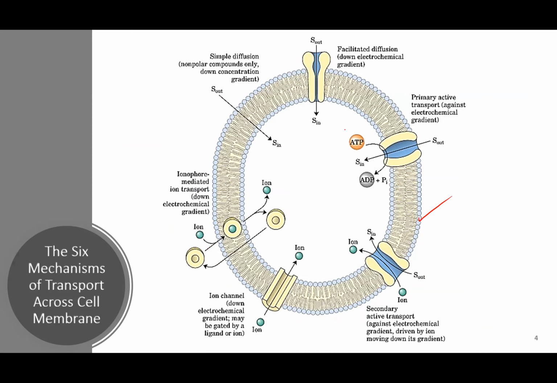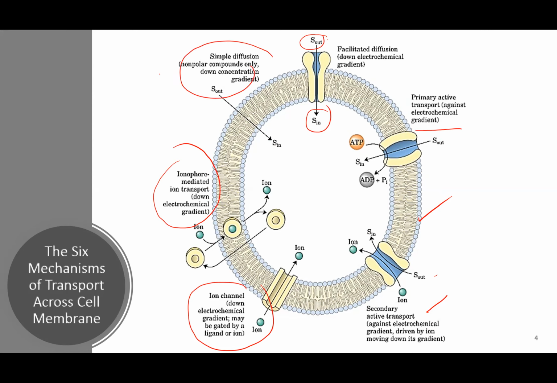You start with a substance going in and out. That is the facilitated diffusion. Primary active transport, ATP induced transport. And this is called active transport. One ion gets in, the other ion gets out. And this is called the exchange transport, ion exchange channels, ionophore mediated ion transport, where there is energy dependence, and then simple diffusion.